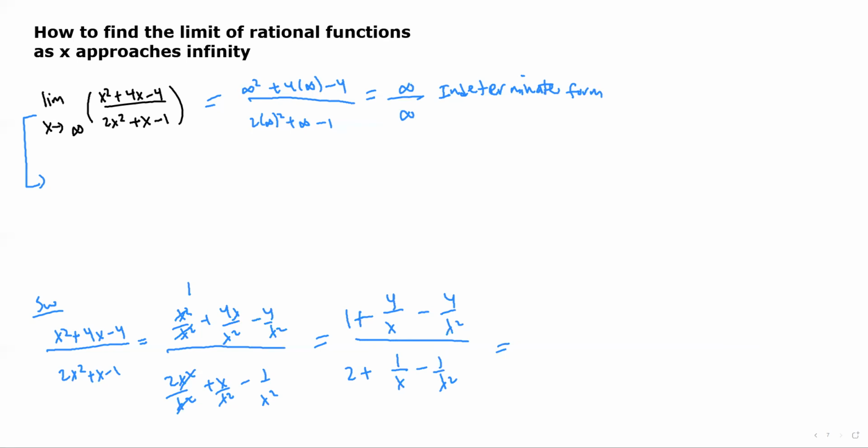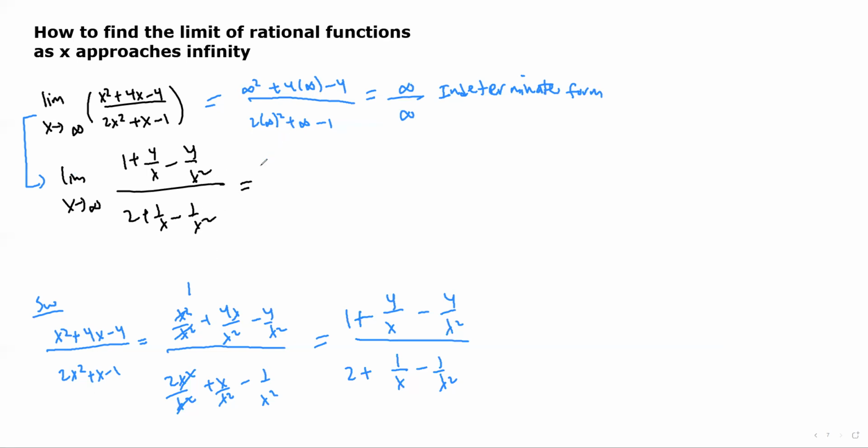So that's what I'm going to have for this next step. So actually, I'm going to write down here the limit as x approaches infinity of 1 plus 4 over x minus 4 over x squared, divided by 2 plus 1 over x minus 1 over x squared.